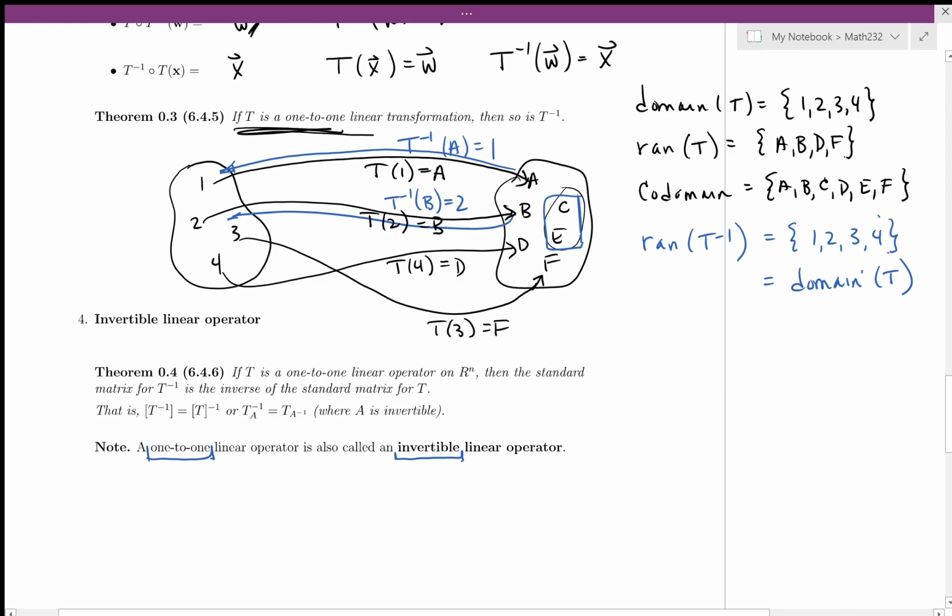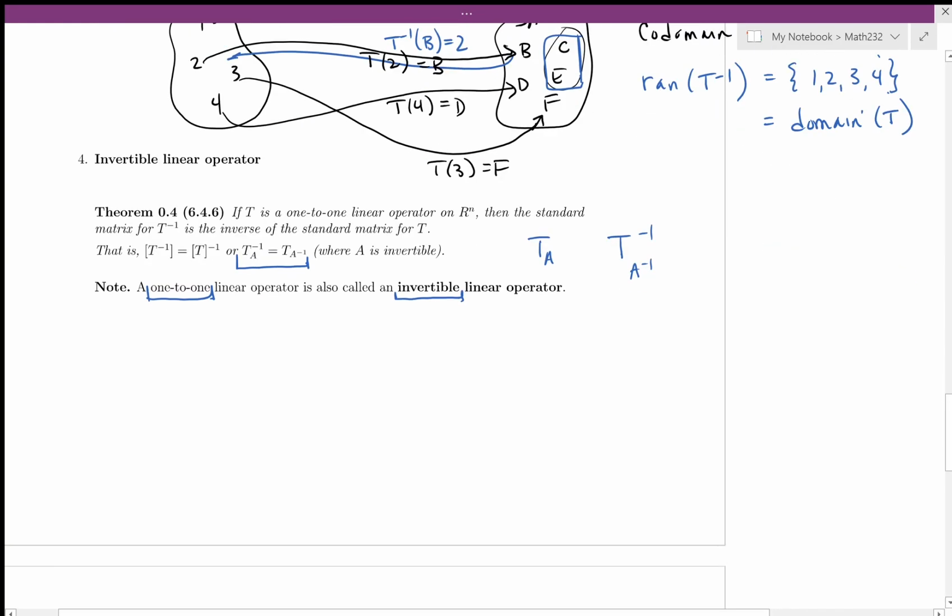This is our inverse transform. If we have the transformation T encoded with matrix A, then the transformation T to the minus 1 is encoded with matrix A to the minus 1. Okay? So we get the inverse of a transformation by taking the inverse of the matrix.